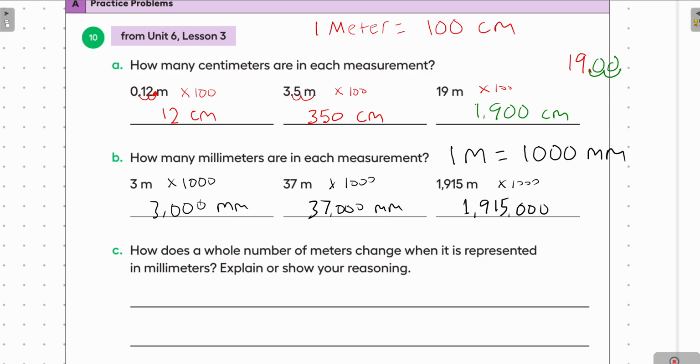Okay, so how does the whole number of meters change when it is represented in millimeters? Basically, the number gets multiplied by 1,000 to get the measurement in millimeters. So this is shifting the digits 3 places to the left because the numbers are getting bigger by a factor of 1,000. So each digit is shifting 3 places to the left.